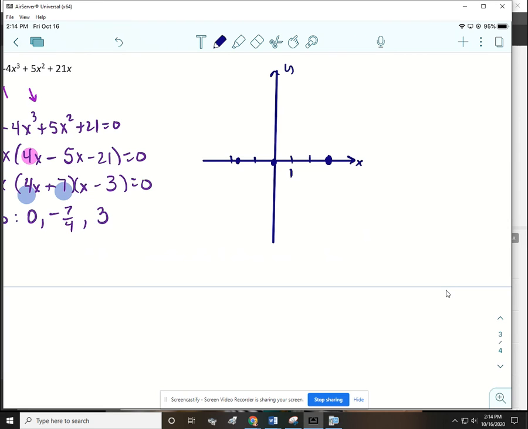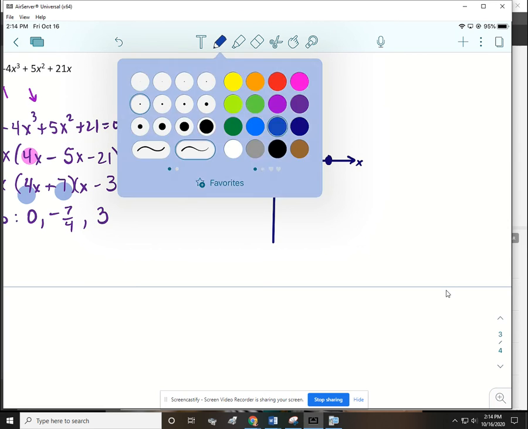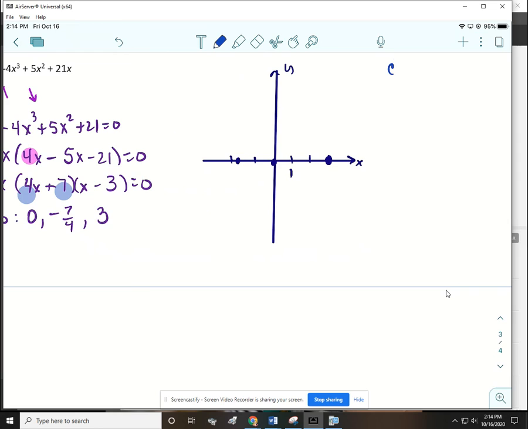So what I would want to do for C is just find some more points. All right, so I would probably want to figure out what's going on the graph between -2 and 0, so I would put a -1, I would probably go ahead and put in 1 and 2 just to kind of see what's going on.